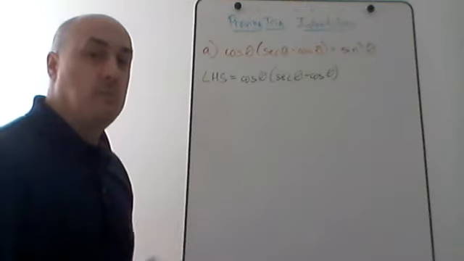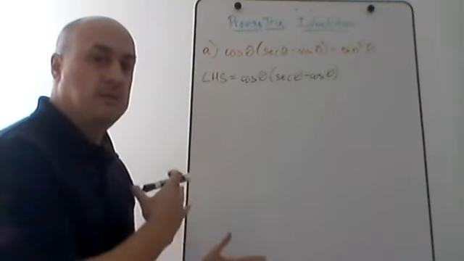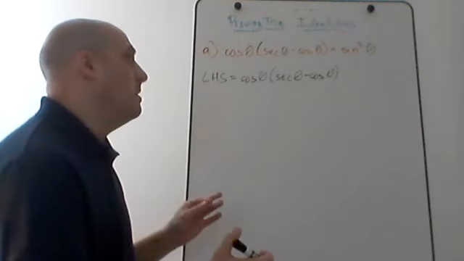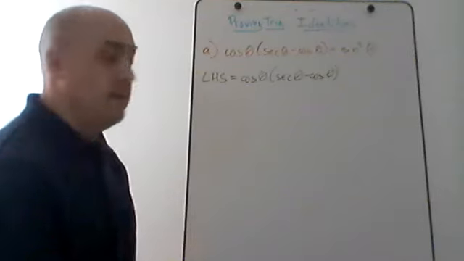Right, so that's how these problems work. You start with one side, you do work on it, you use your factoring, your algebraic expressions, you combine fractions, you use your trig identities, you turn it into the other side, and then you're done.